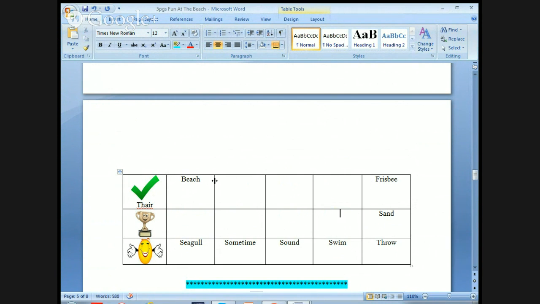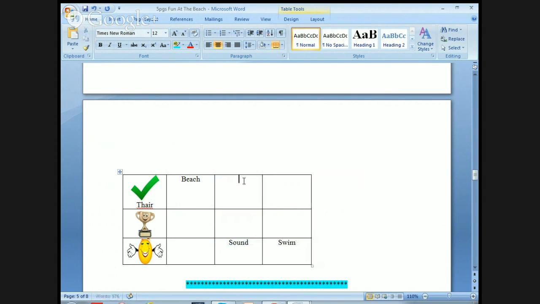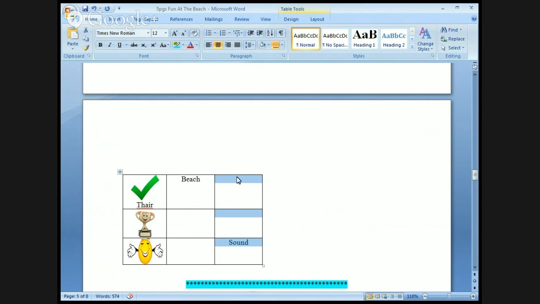After that, we walked on the sand and threw a frisbee and we listened to a seagull. Sometimes we swim and the sounds were so good to me. I used the beach for the first time, teacher.